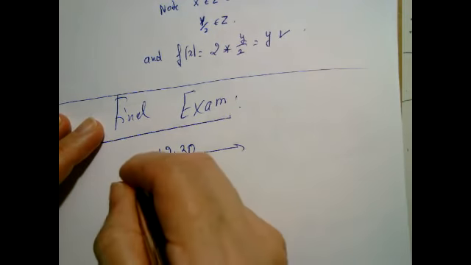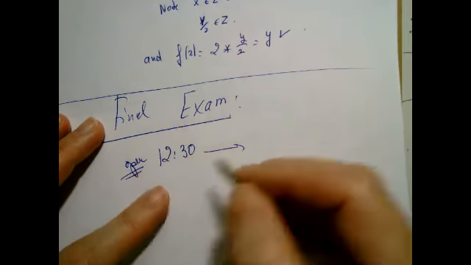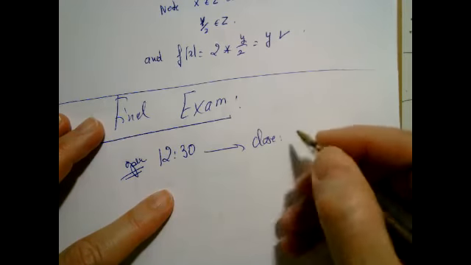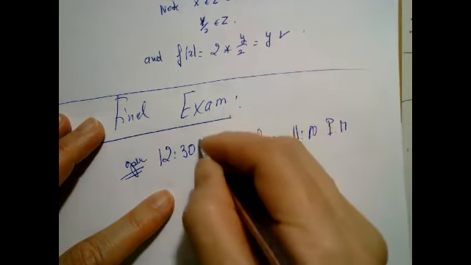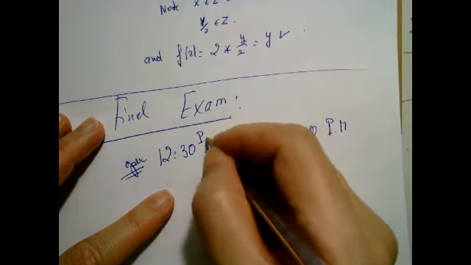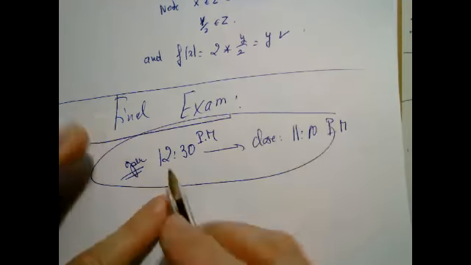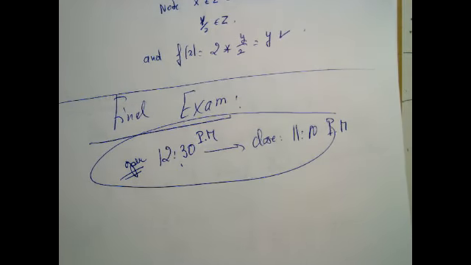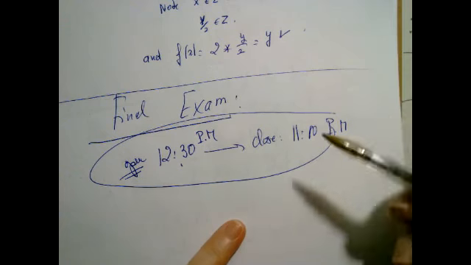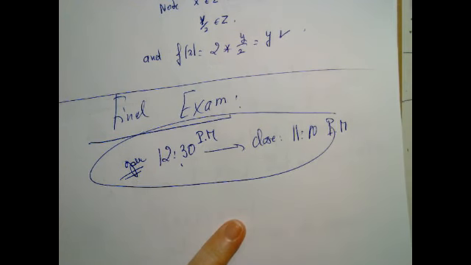I will open the test at 12:30 p.m. and, like the first exam, I will close it at 11 p.m. So you will have about 11 hours to do that. The final is going to be comprehensive, so it's everything you have done so far. On Brightspace, I have all the subjects you are responsible for.